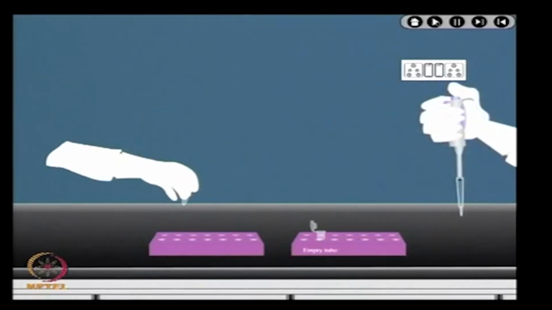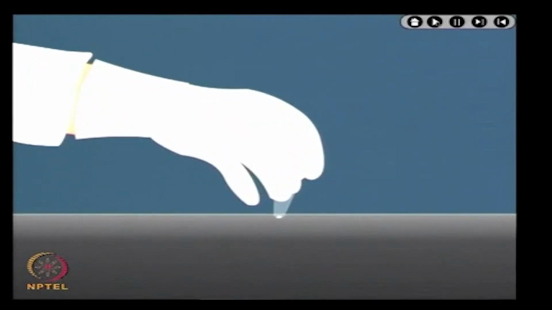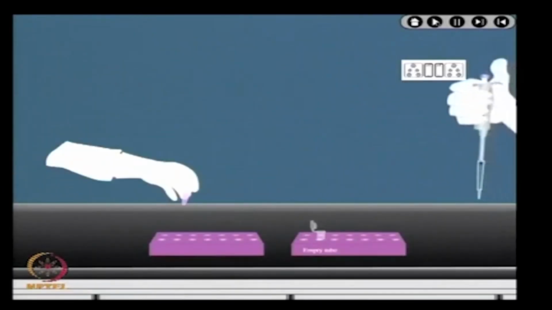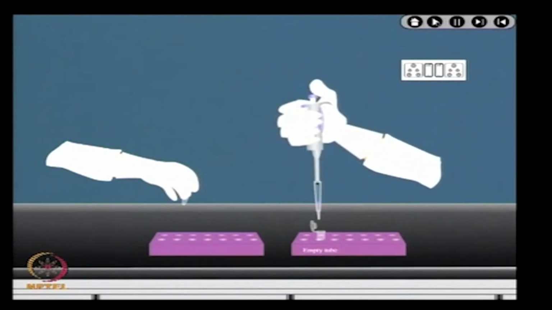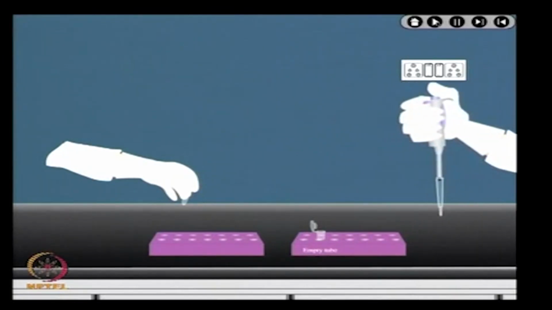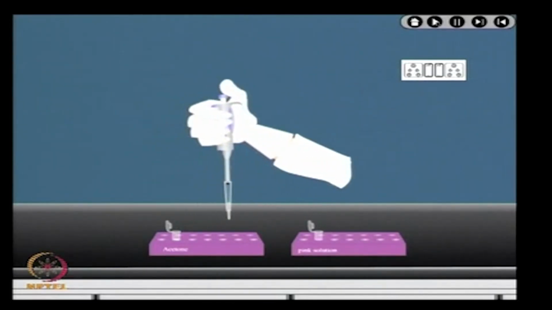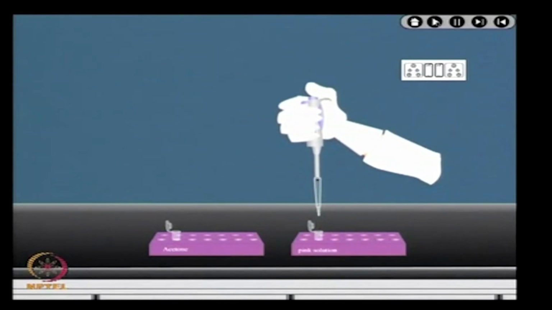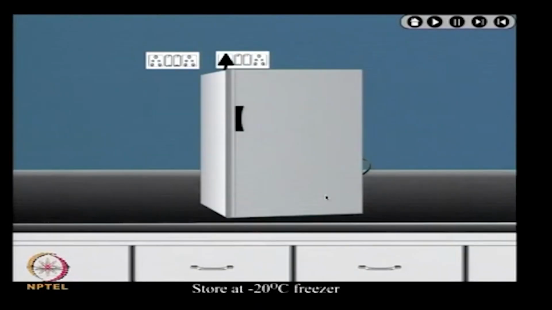To the clear pink layer, add 4 volumes of chilled acetone and keep it at minus 20 degrees for 20 minutes. The protein pellet can be washed with 95% ethanol 3 to 4 times. During the washing steps, you also have to vortex so that the pellet is properly washed.